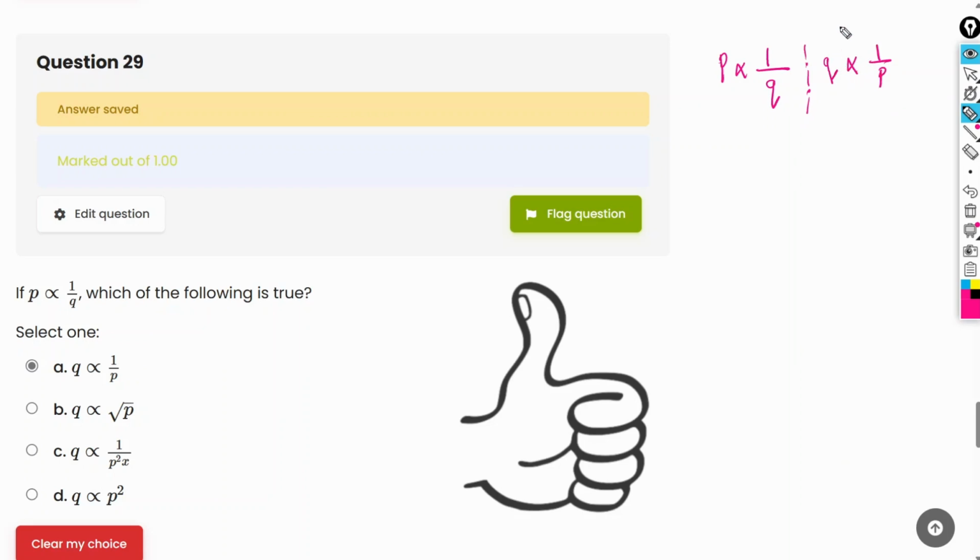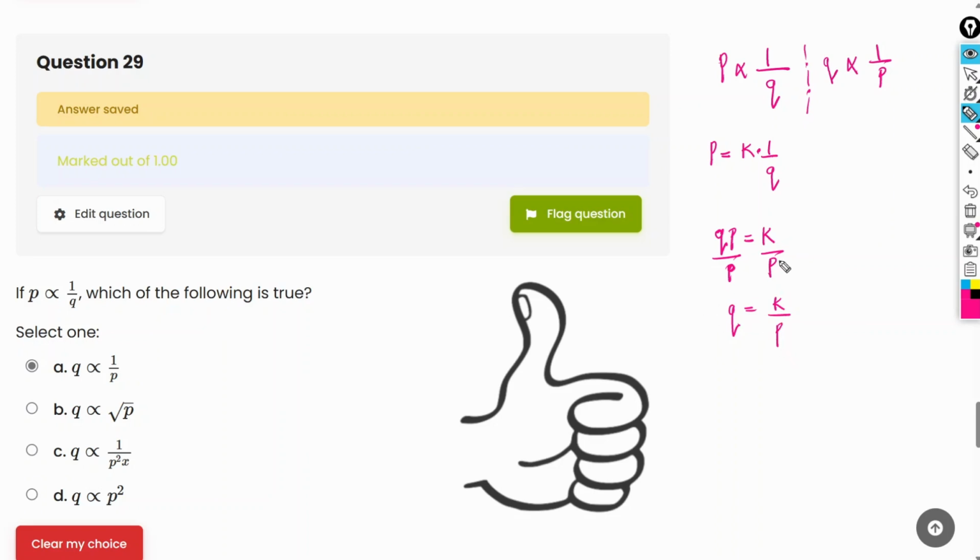P. Now, we can do this by setting up an equation, right? The equation we'll set up is P is equal to K times 1 over Q. Let's now make Q subject of the formula. So that means that QP is equal to K. If I divide both sides by P, because we're trying to make Q subject, I'll get Q is equal to K over P, right?